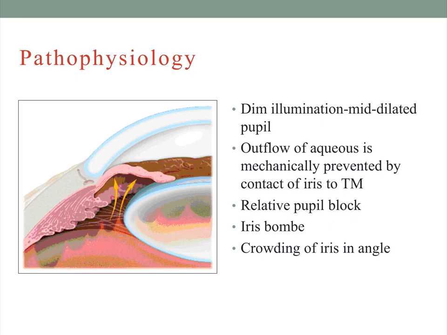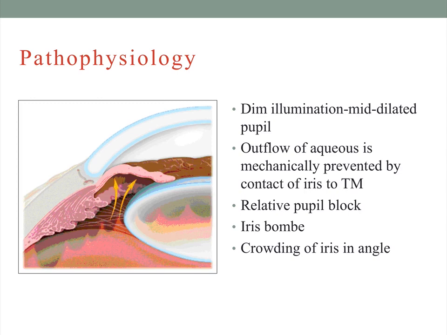Coming to pathophysiology of narrow angle glaucoma, in dim illumination, that is when the pupils are mid dilated, there is hindrance to the outflow of aqueous from the posterior chamber through the pupil into the anterior chamber. So there is a contact of iris on the lens and there is a relative pupillary block.